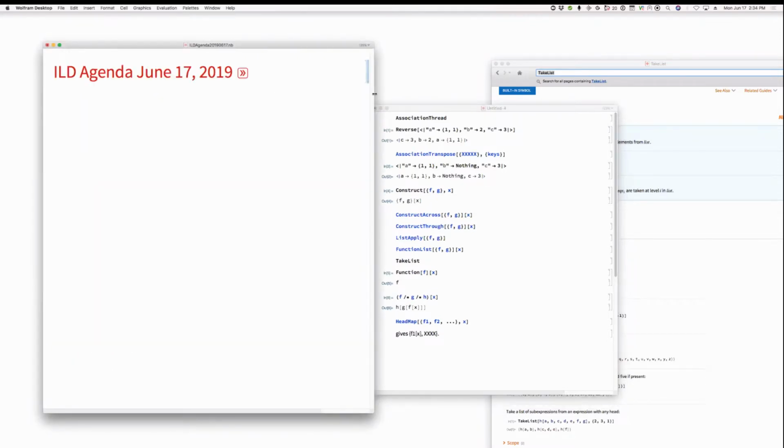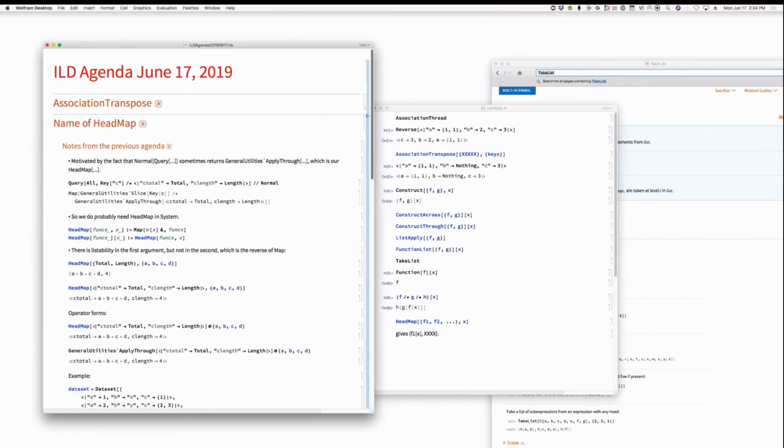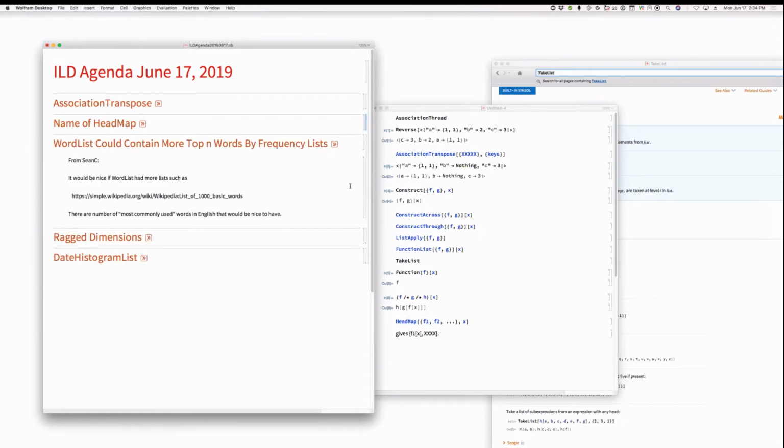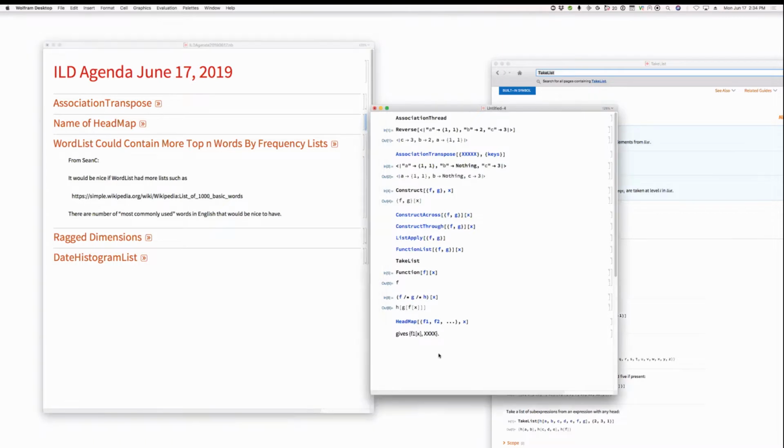WordList. Oops. So, Nick, can you explain this one? Yeah, so this is something Sean suggested, but we've gone over a couple of different times, and that's looking at functions like WordList and the way they interact with word frequency data or other corpora for frequency weighting of random words or word list elements, or being able to say, give me the 500 most frequently used words in English or Spanish, and trying to figure out what subset of those queries make sense to build into WordList.